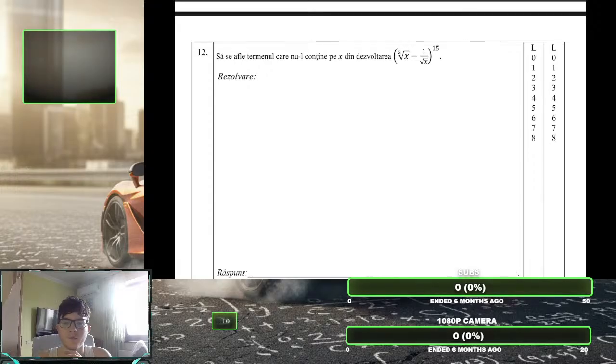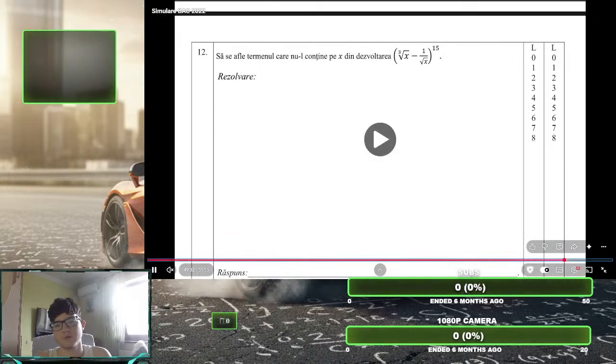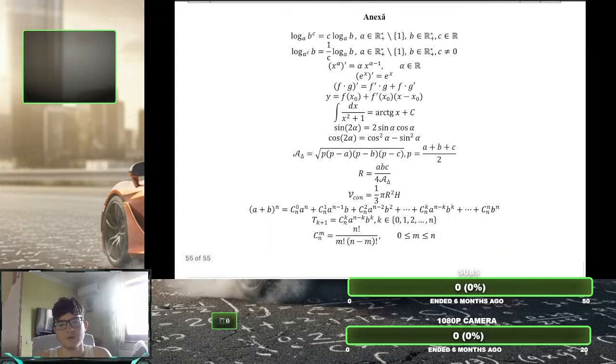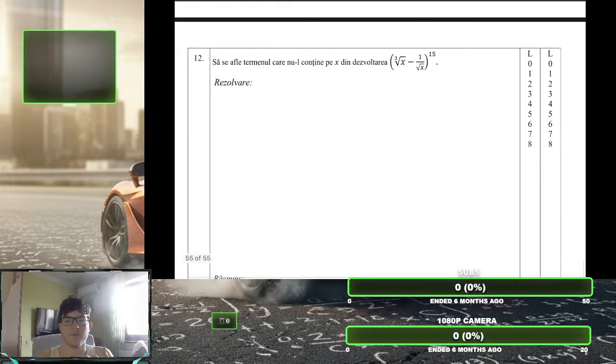So plug in the formula. The x parts of the powers we equate with x to the power 0, right? And then we move on. The formula is right there, every formula that you need.